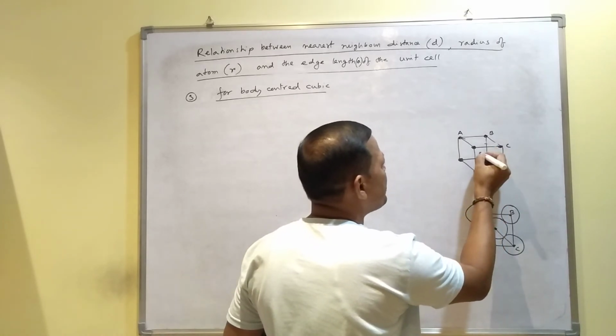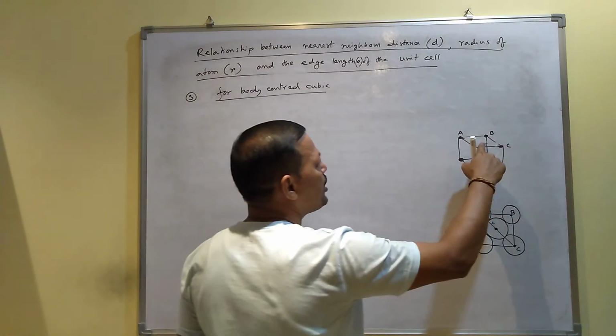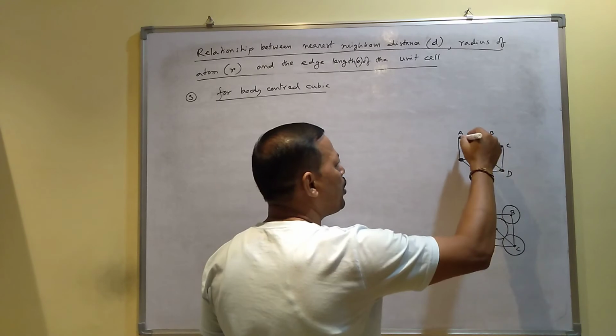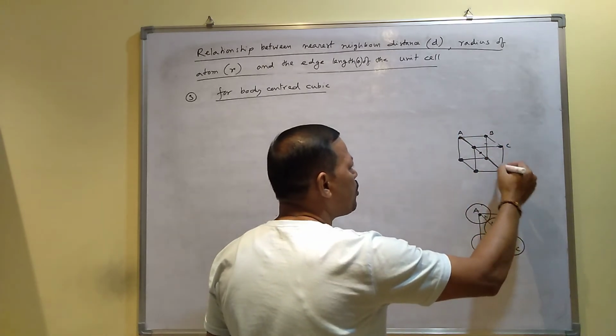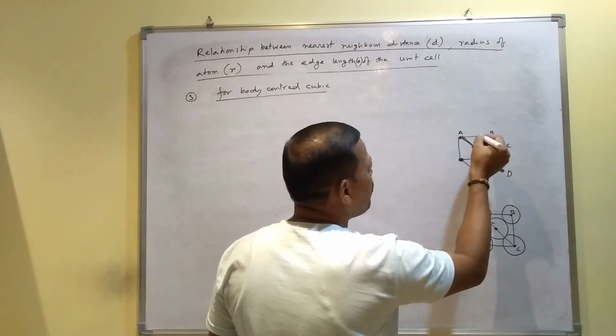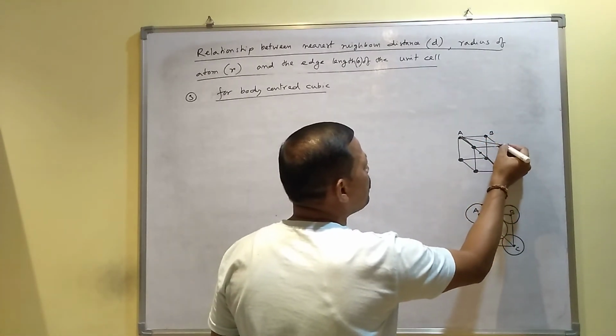I mean, at the center of the cube it contains one particle. Suppose this point is A, this point is B, C, and this is your D. When you draw a line from A to D, it is called the body diagonal AD. And when you draw a line from A to C, it is called the face diagonal, because you draw the diagonal through the face.